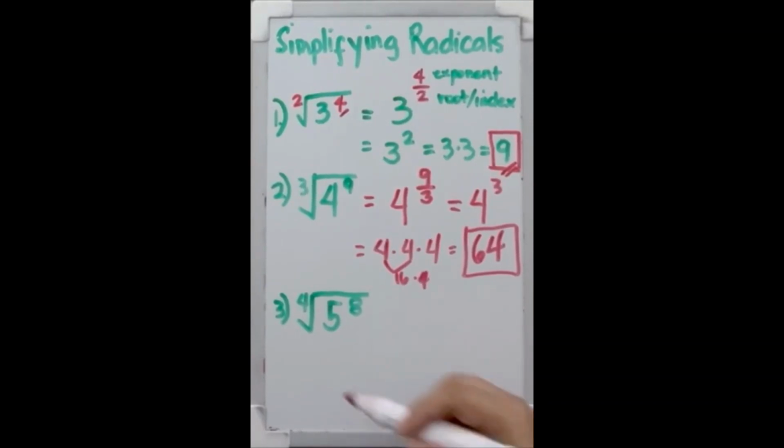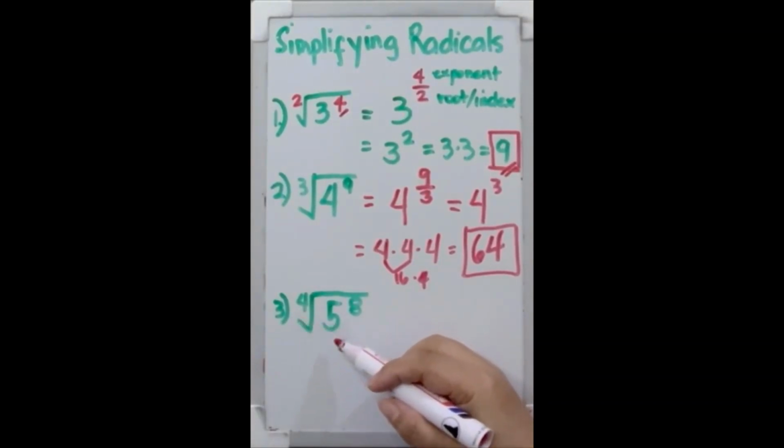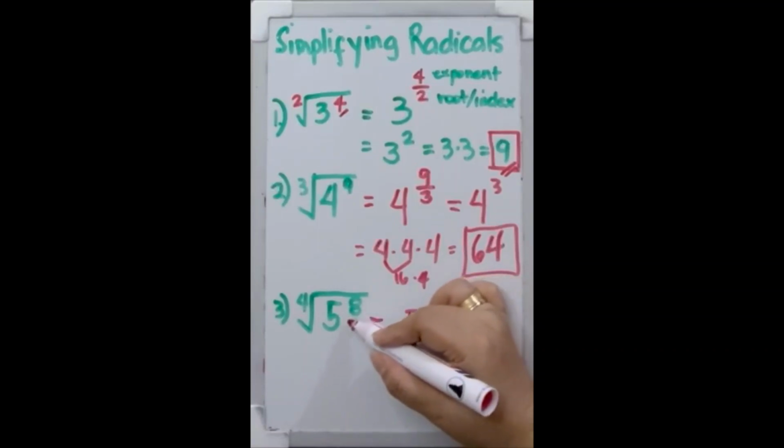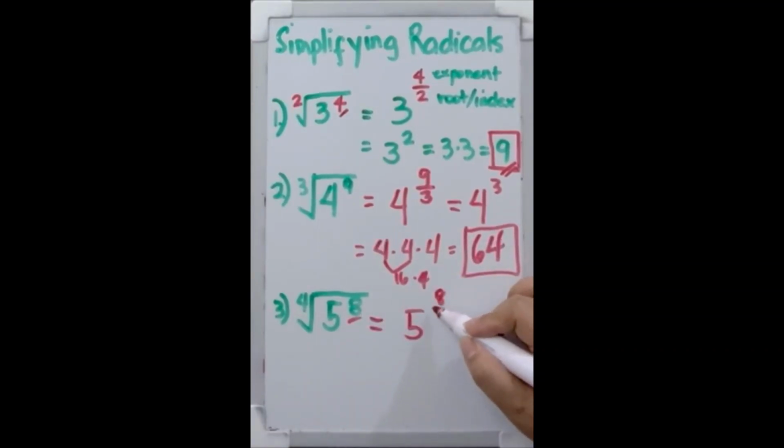Let's move on to our third example. We have fourth root of 5 raised to 8. So rewriting this, we will have 5 raised to 8 over 4, which is just equal to 5 raised to, when we divide 8 by 4, this is 2.